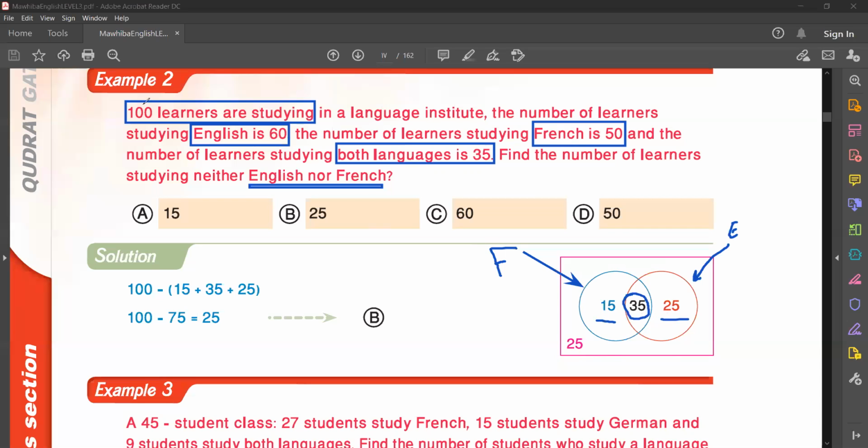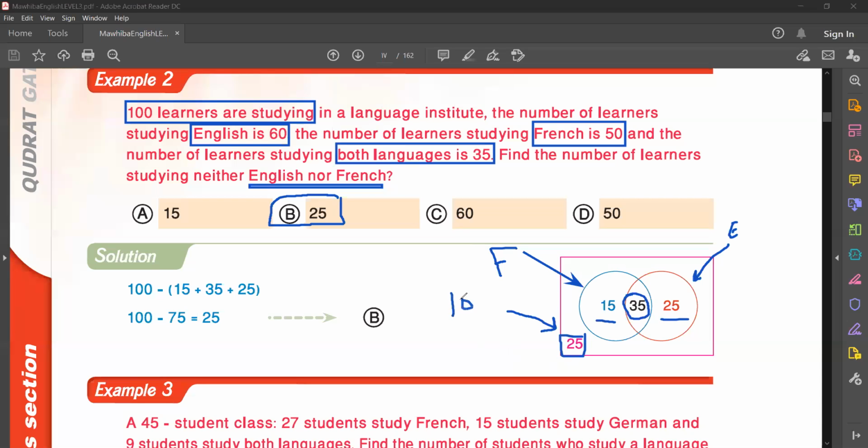And here 35 plus 25 is 60, right? So what is the remainder from 100 learners? Because all students are 100, the remainder is 25, right? So what is the answer now? Find the number of learners studying neither English nor French. Yes, it is 25. You add 15 plus 35 plus 25, then you subtract from 100.